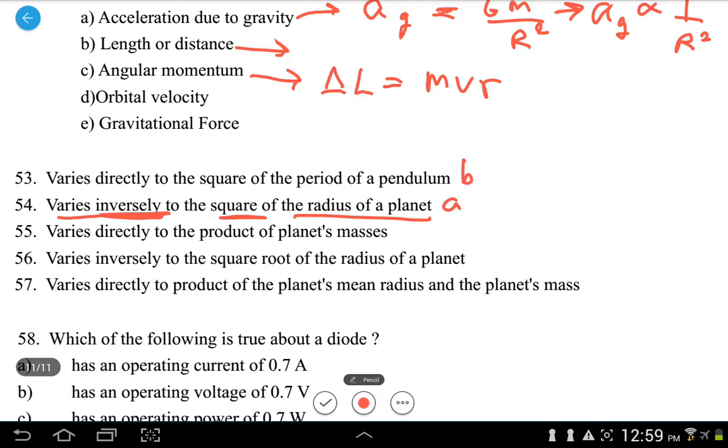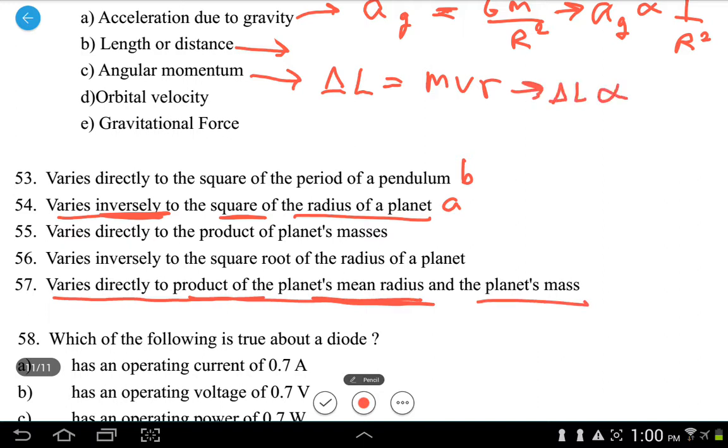In this case, I realized that it means varies directly. The angular momentum varies directly as the product of mean distance and the mass. So if I rewrite it, delta L is proportional to the product of mass times R. So the answer for number 57 is C.